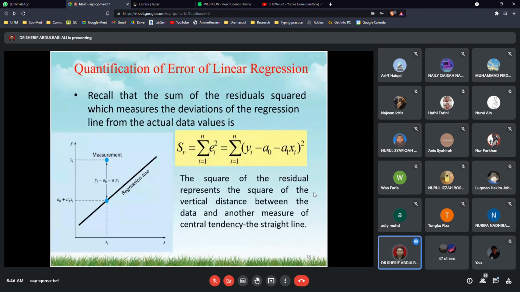Recall that we are saying it's the sum of the square of the residuals, the deviations of the regression line from the actual data, which is given by this equation. Remember, the error is equal to the model minus a naught minus the slope times x. But here we are getting the sum of the square of the residual. So that means we need to square these values, and we need to get the sum of it.